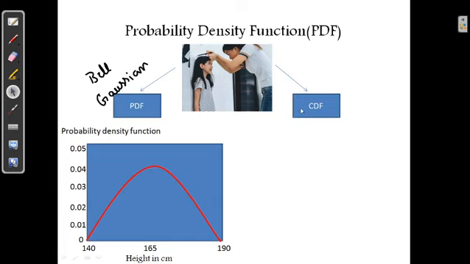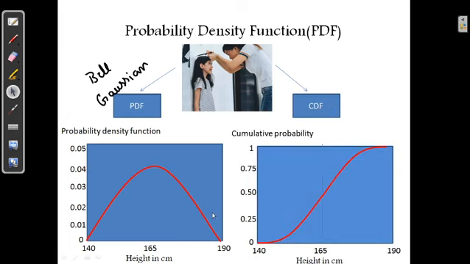Okay, next we will calculate the CDF, the cumulative distribution function. If you take the CDF for this, this is what you'll get. What is meant by cumulative? It is nothing but addition, right? As you studied in the earlier slides, it is the addition of the previous values.